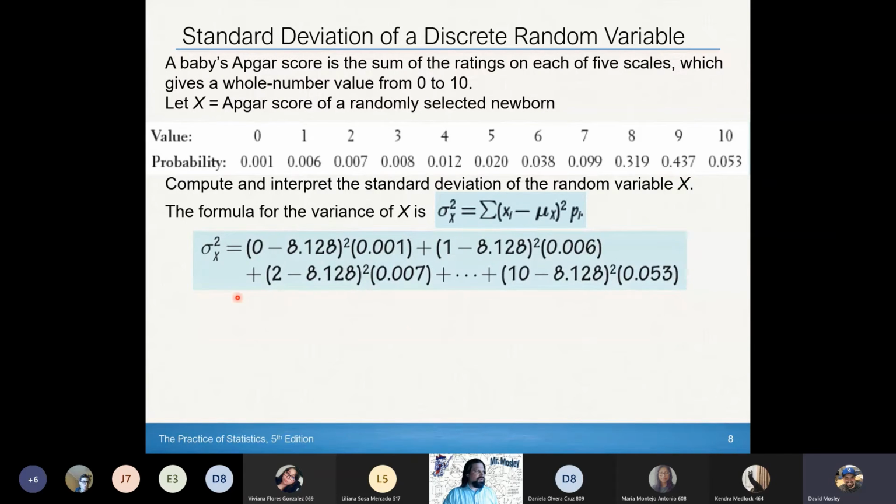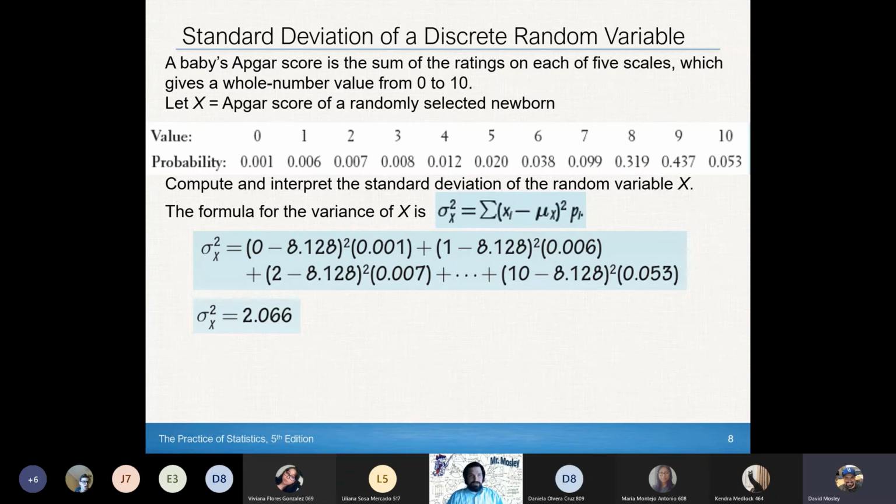To find the variance, we have the first outcome minus the mean squared times that probability, plus 1 minus the mean squared times the probability of getting 1, and so on down the line until we get to the last possibility, 10 minus 8.128 squared times 0.053, which ultimately gets us the variance of 2.066.